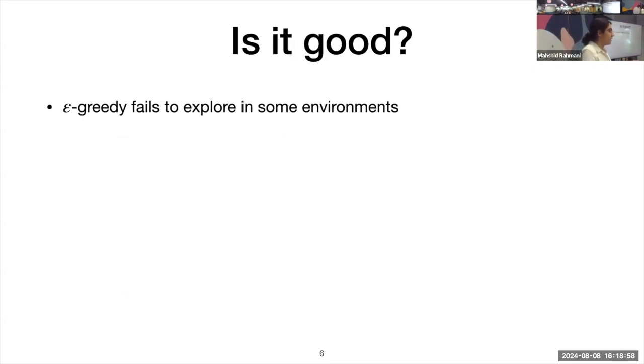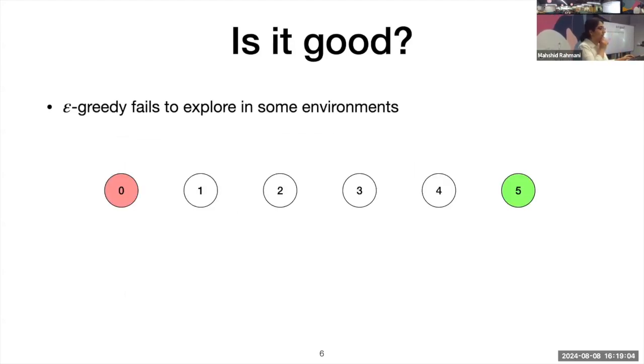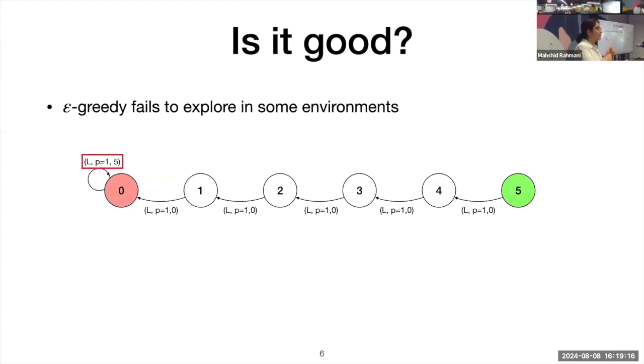One of them is the reversal environment. To introduce this environment, it's a 6-state environment. At any state, you can pick action left or right. If you pick the action left, you'll definitely go left. Of course, in the first state, if you pick left, you'll stay where you are, and you will gain a reward of 5.